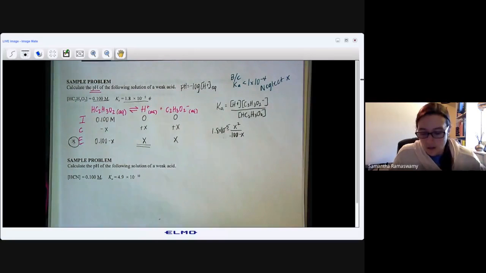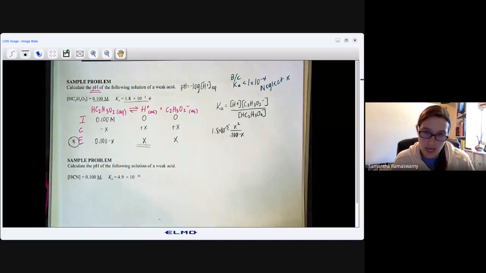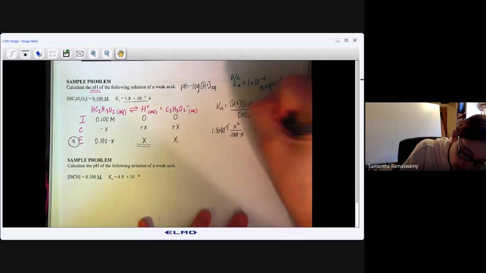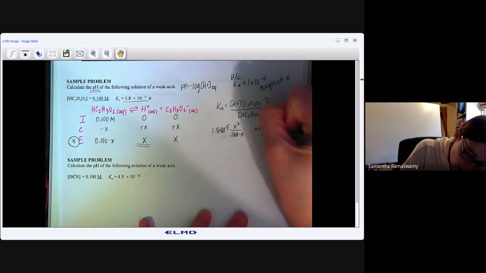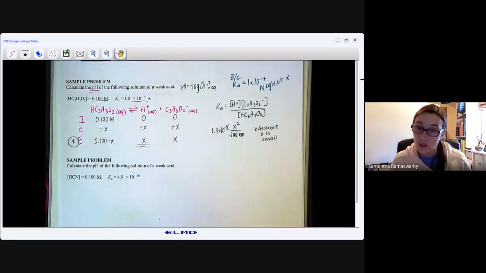If K were like 1 times 10 to the negative second, you'd have to use the quadratic. On the AP exam, which means on our exams, you will not need to use the quadratic. You can assume x is small. When I assume x is small, I'm assuming that x is such a small number it's not affecting that 0.1.